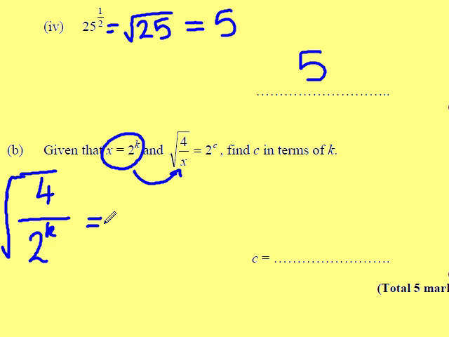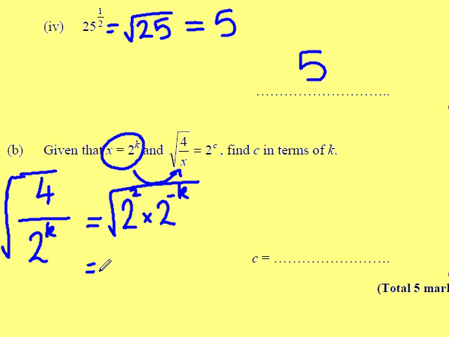So both of them need to be in powers of 2. We know 4 is just going to be 2 squared. 2 to the power of k, well, we can rewrite that as times 2 to the power of minus k, because it's a reciprocal, and all of that needs to be square rooted.